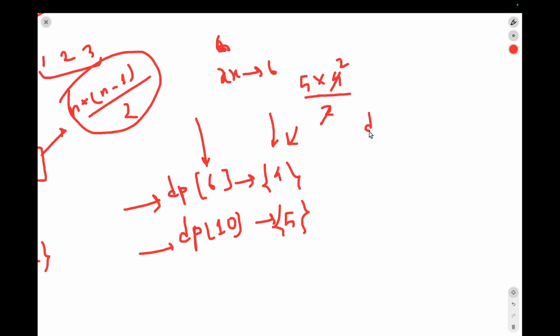Now we know dp of 0, if we put 1. If we put the value 2, then 2 into 2 minus 1 by 2 is 1, so we know dp of 1 also, and that will give us 2. Why is this a correct answer? Let's say someone gives input 1, then that will show us output like this.